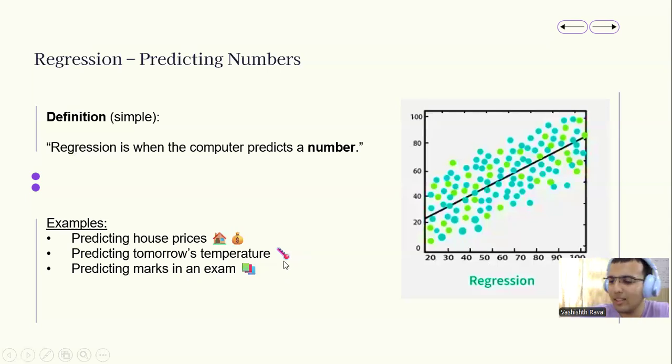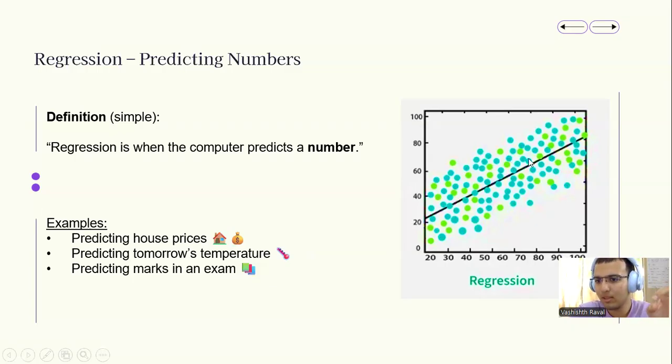So I think your understanding of regression and classification is almost cleared. Regression is predicting numbers. To put it in simpler terms, regression is when the computer predicts a number, for example, predicting house prices, predicting tomorrow's temperature, predicting marks in an exam.